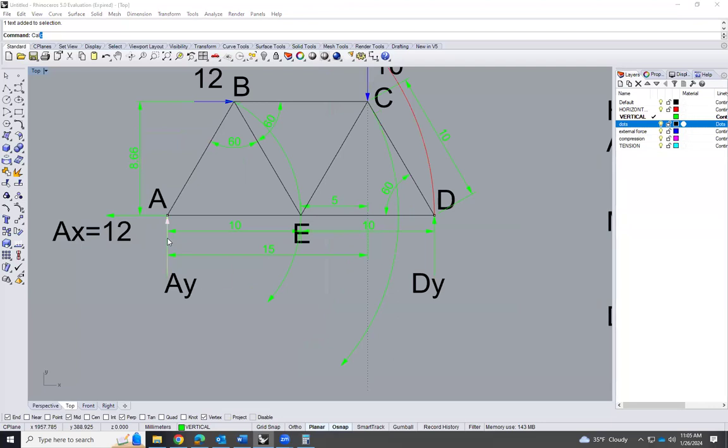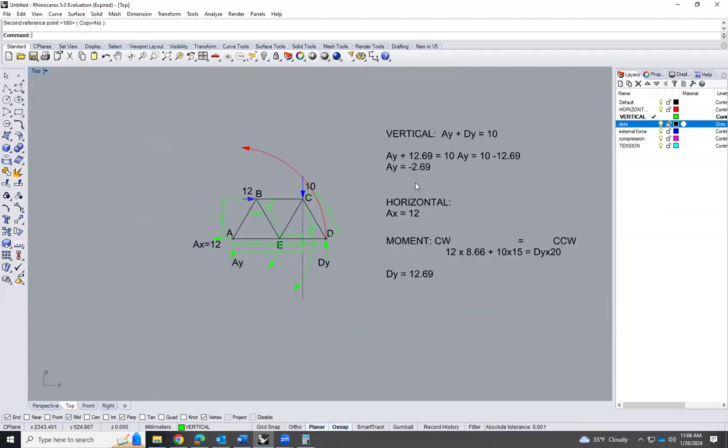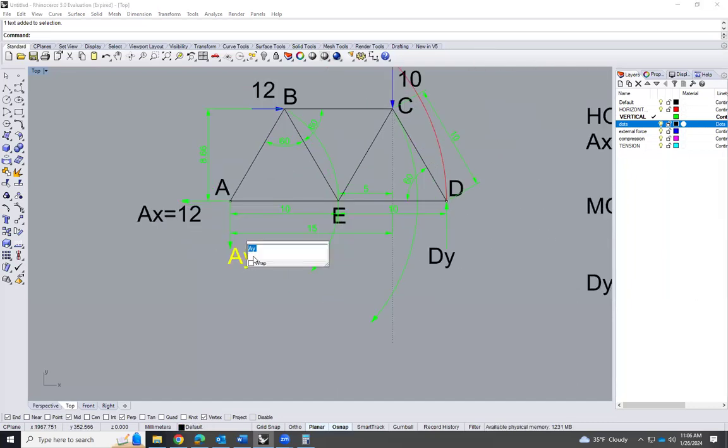So if you don't want to deal with negative numbers, rotate this one. So that goes down. And if it goes down, okay, so it's not negative 2.69, it's 2.69, not negative.